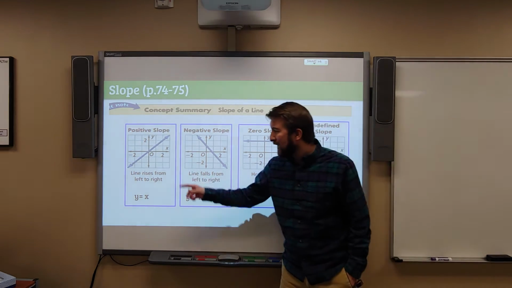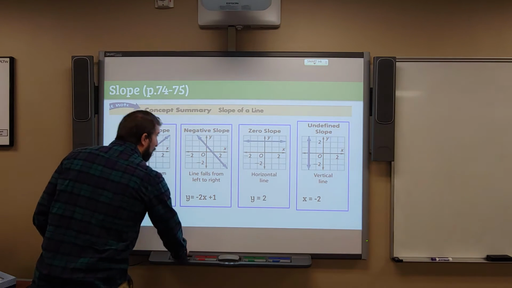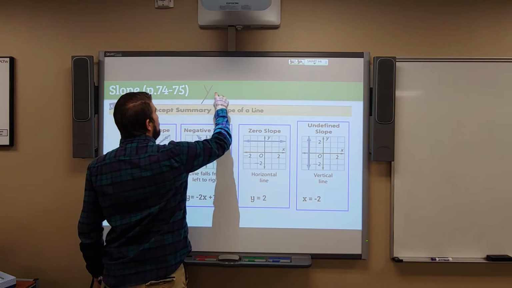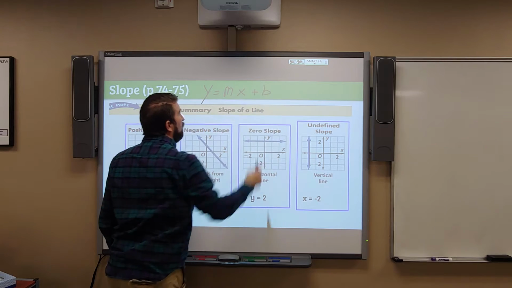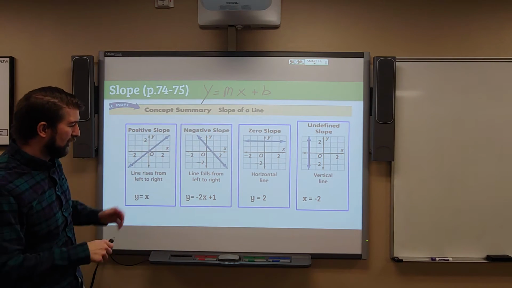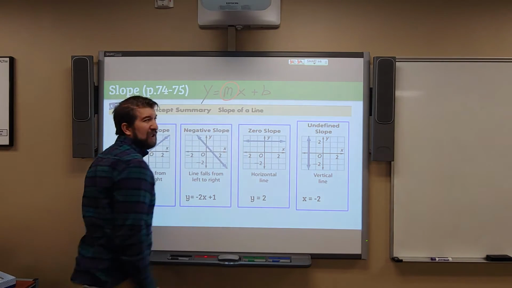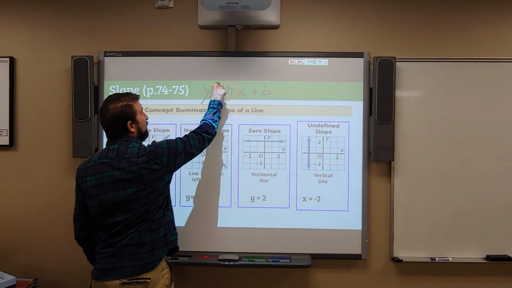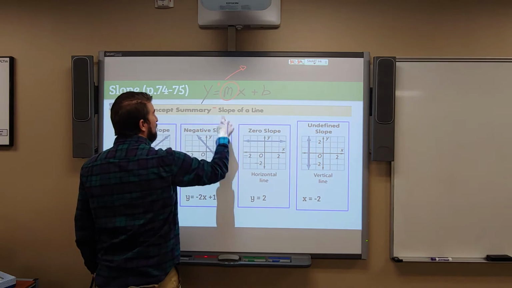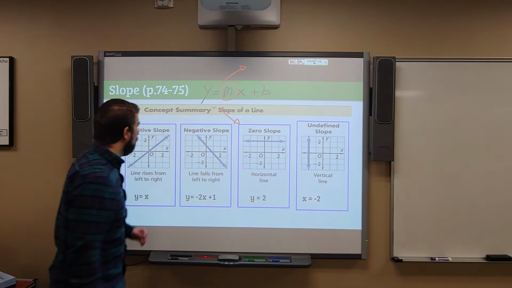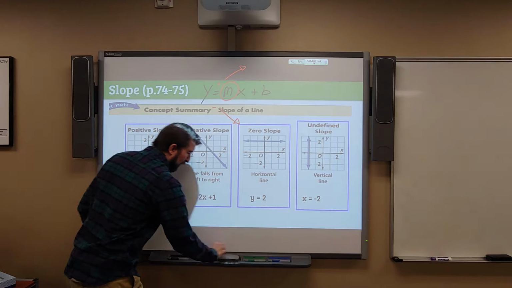Okay, so let's think about the concept of slope. When we talk about slope, this is what's called slope-intercept form. We're going to get to it shortly, but m represents slope. If this number is positive, then we have positive slope. If it's negative, we have negative slope. Right here, there is a number in front of this x.